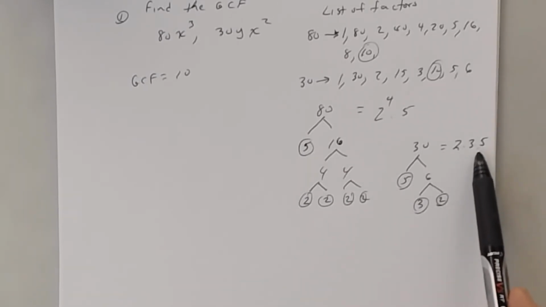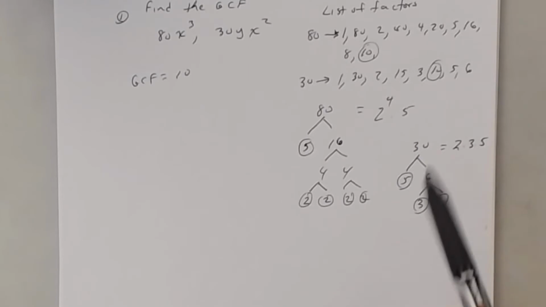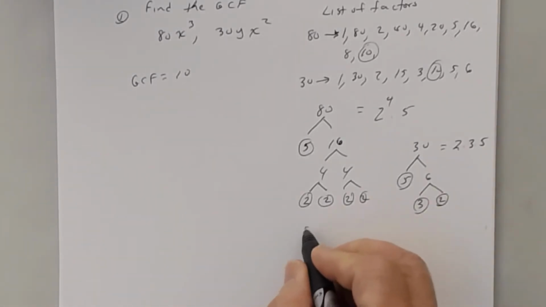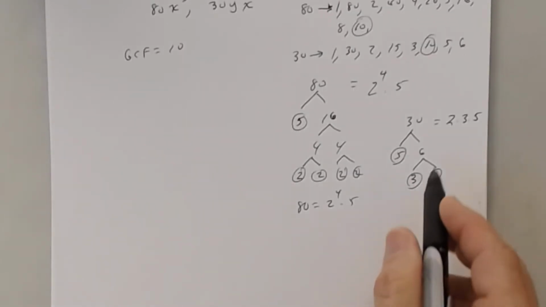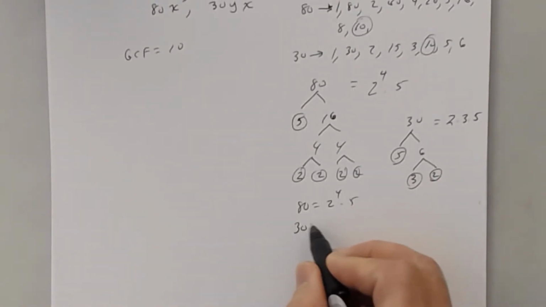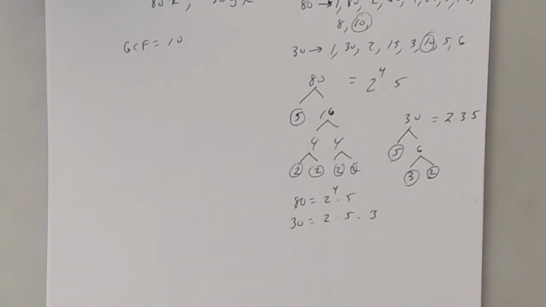Yeah. 2 times 2 times 2 times 2 times 5, are all those prime numbers? Yes. Okay, so 80, I know it's 2 to the 4th times 5, and 30, I know is 2 times 5 times 3. All agree?